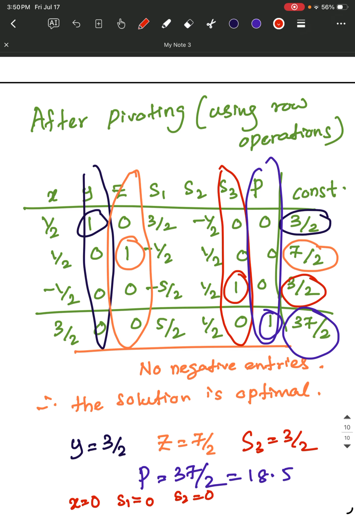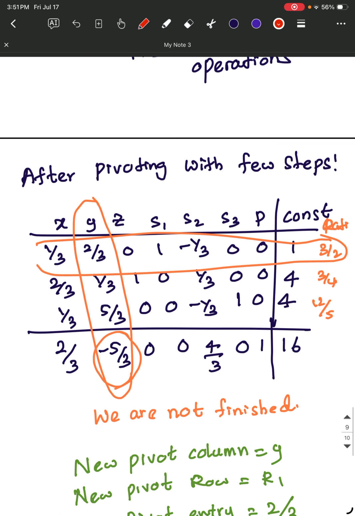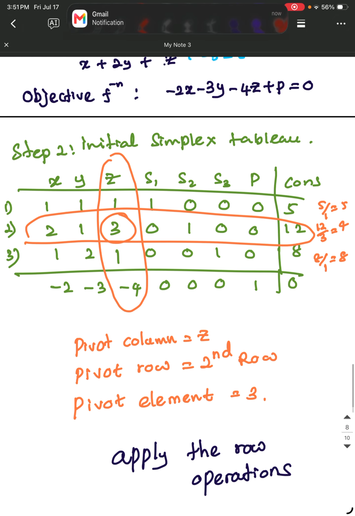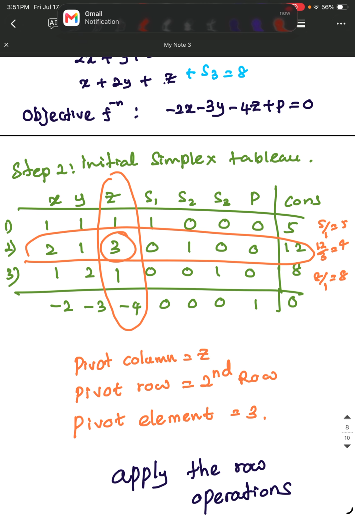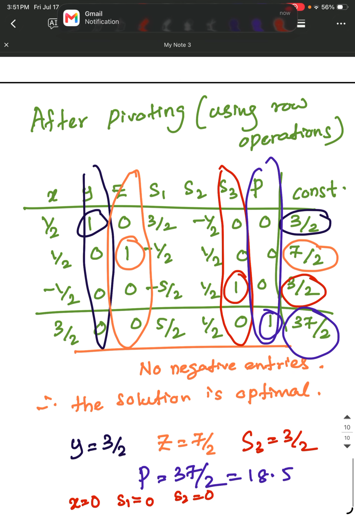Okay, so you can check the pivoting using row operations, that you can use row operations to convert until you get the optimal solution. So let's summarize what we did in these examples. For each simplex problem, we followed the same process.